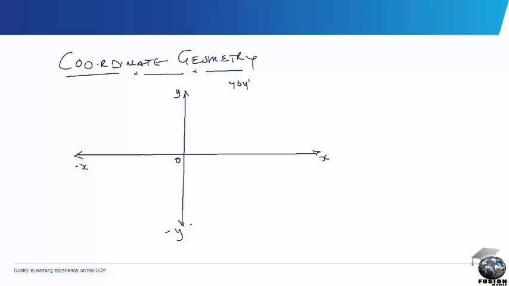For x, this is the line made up of x, the origin, and negative x. We call this the x-axis, as we've always mentioned in a graph, and then we call this our y-axis.